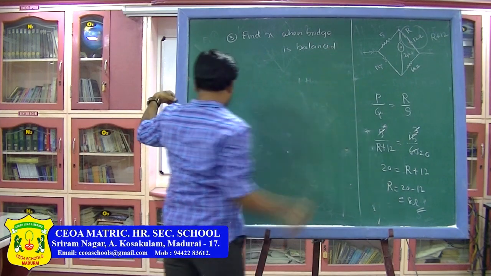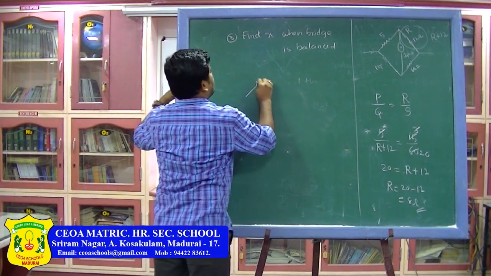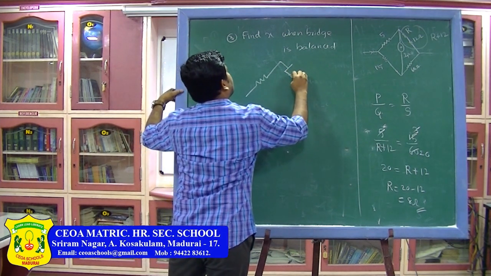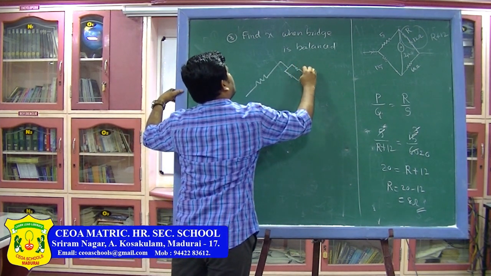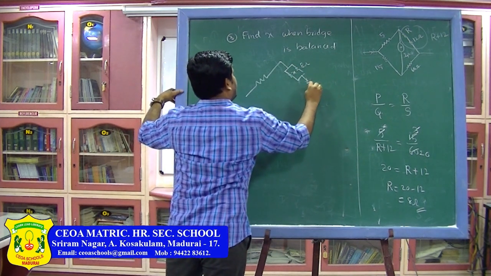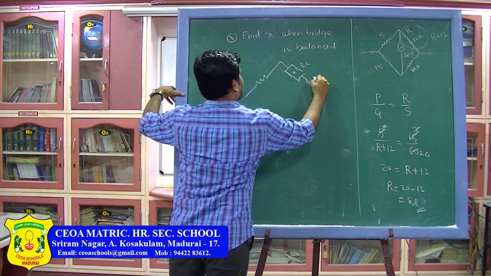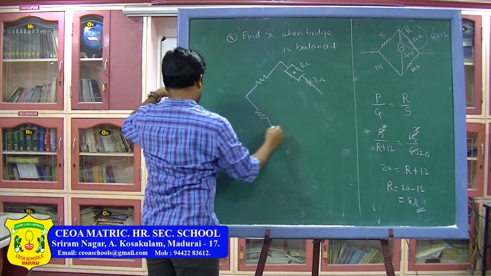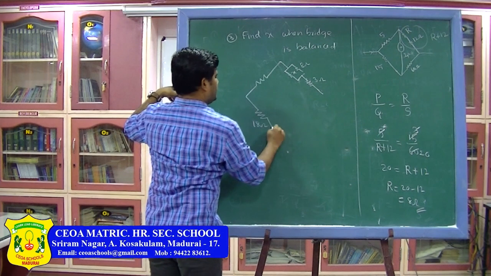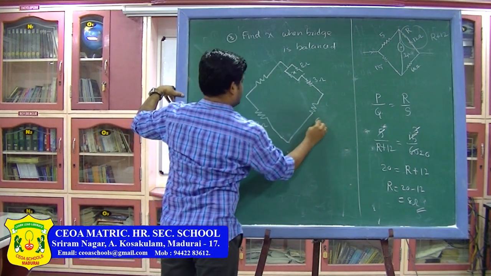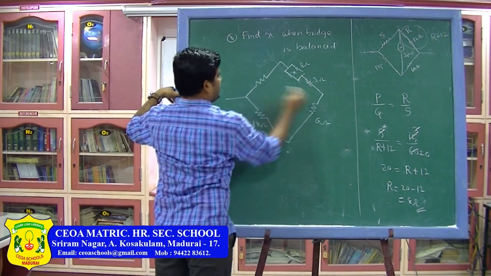Now, the given network is this 21 ohm resistor, and here there are two resistors, one is 8 ohm and the other one is X, and it is connected in series with a 3 ohm resistor like this, and this is another resistor of 18 ohm, and then this resistor is 6 ohm. So, this is the given circuit.